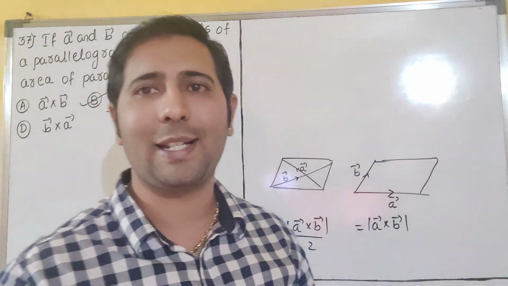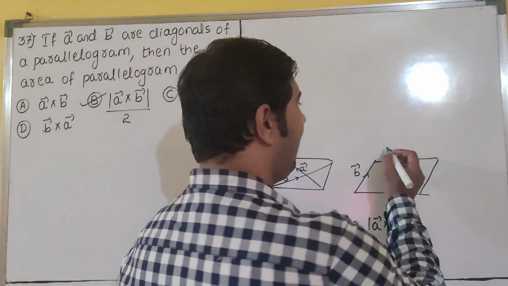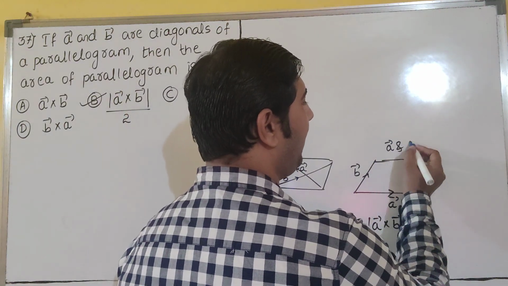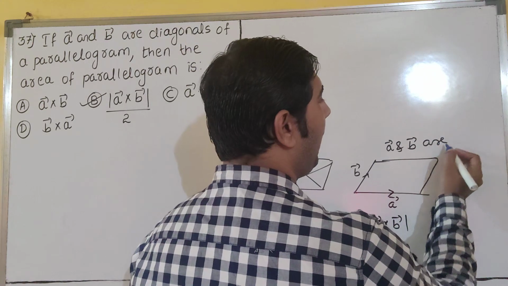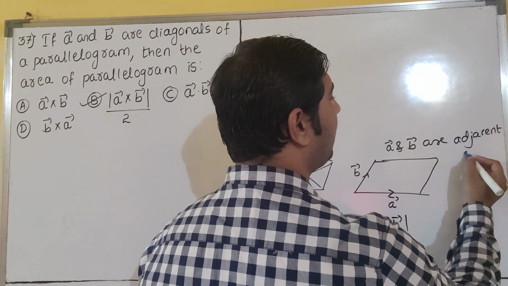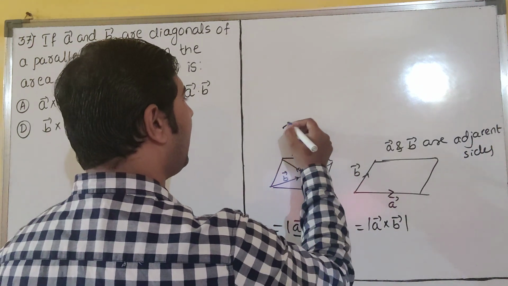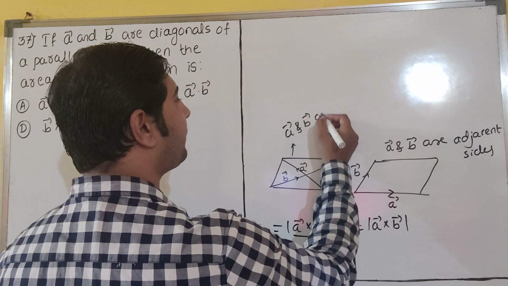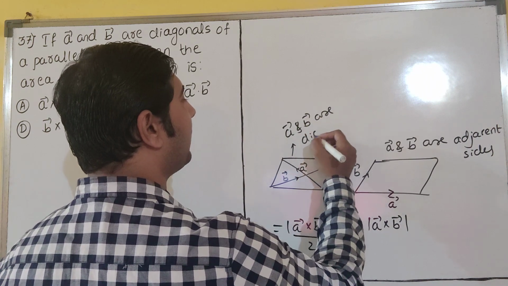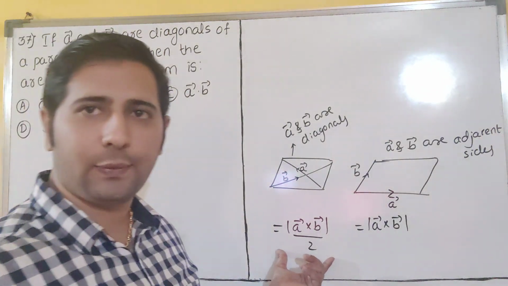I hope you are understanding what I am saying. Clear or not? Here vector A, vector B are adjacent sides. Here vector A and vector B are diagonals, and that time the area of the parallelogram is this formula.